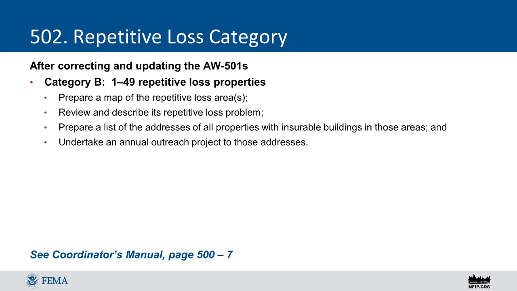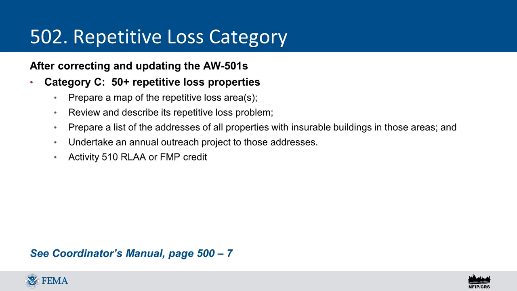You will need to prepare a list of the addresses of all properties with insurable buildings in those defined areas. Remember, though, if it's a vacant property, we are not interested in it. Only the properties that have insurable buildings need to be listed. You are also required to undertake an annual outreach project to the addresses you determine are within your defined area.